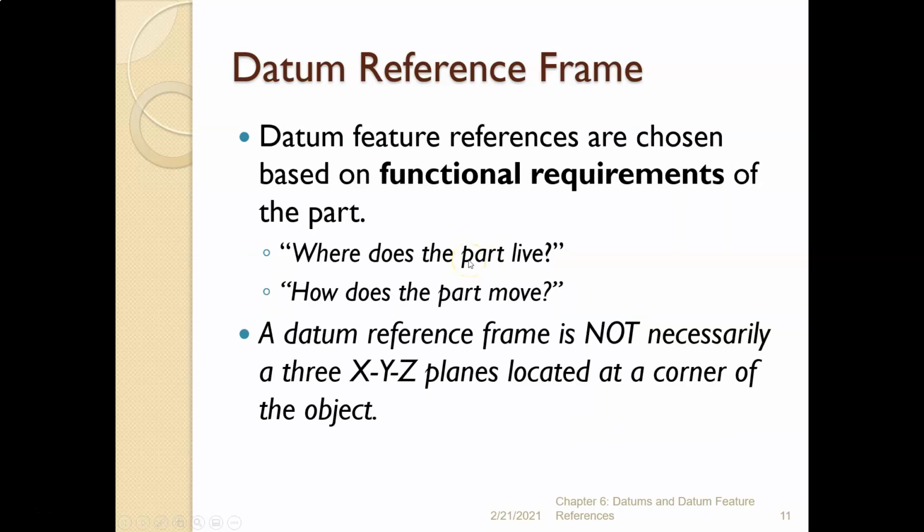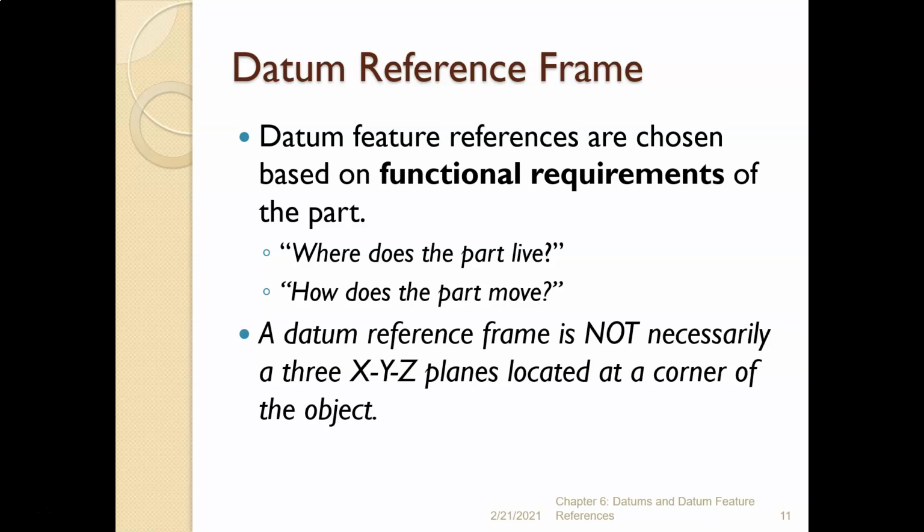All right? Datum reference frames are chosen based on functional requirements of the part. Remember that phrase, where does the part live? How does the part move? Those two questions are how we determine what our datum reference frame is going to be.